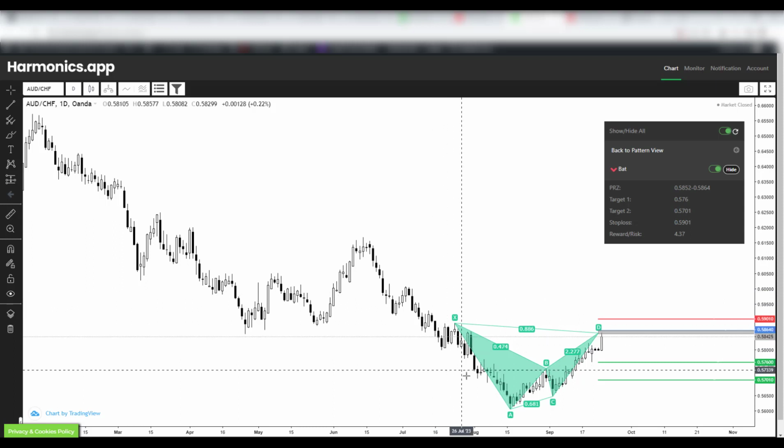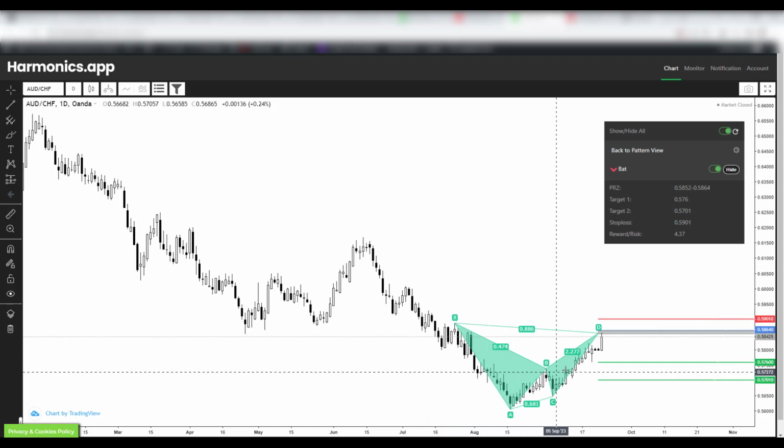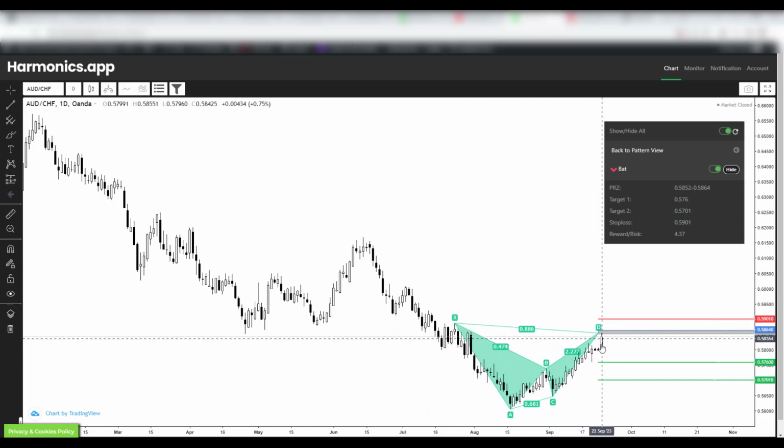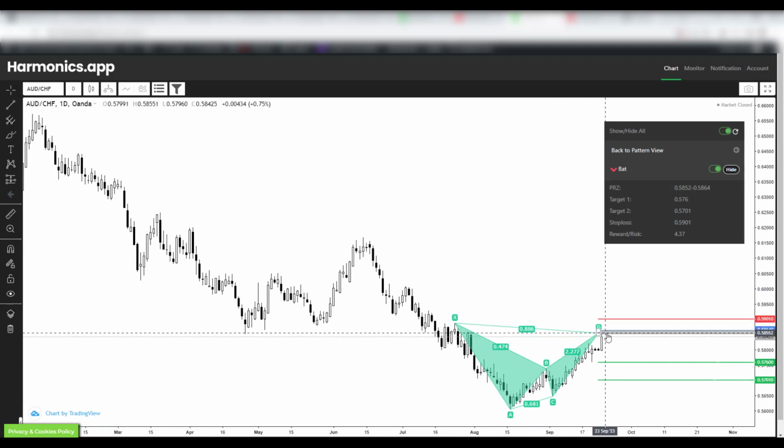Then the bat pattern should form with the price outside of this downtrend, forming a potential reversal zone that points to it continuing to move in the direction of the trend.